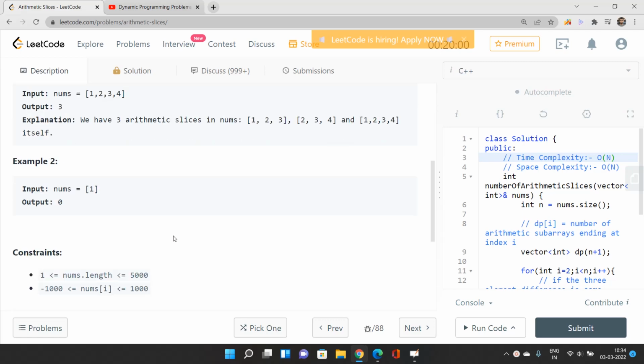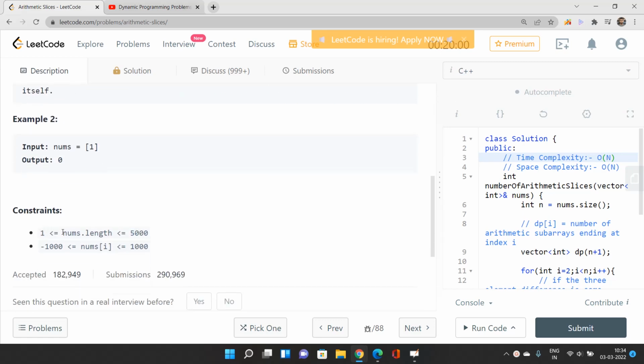For now, let's look at the constraints and how they help. The max length of this array is 5000, which gives us the idea that we can have an O(n squared) solution, because the constraints are quite low. If it is around 5000 or 1000, you can still work with an O(n squared) solution.